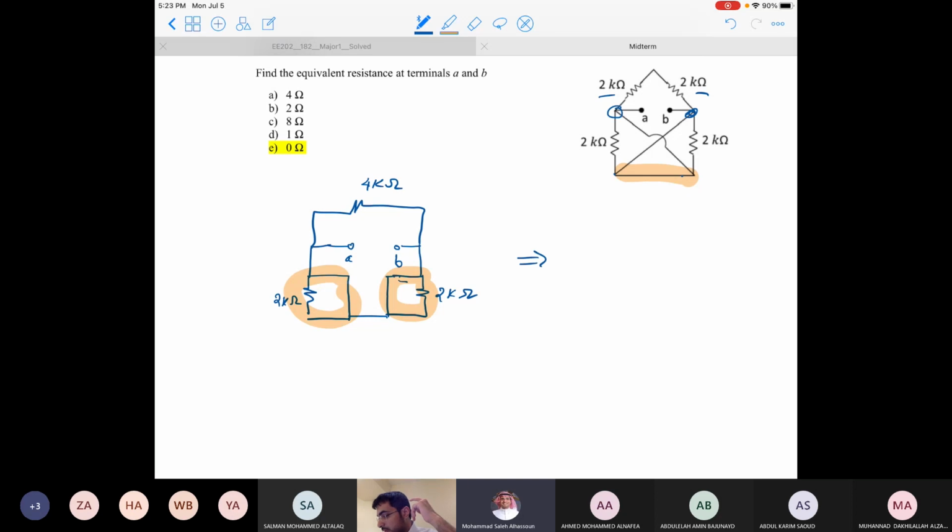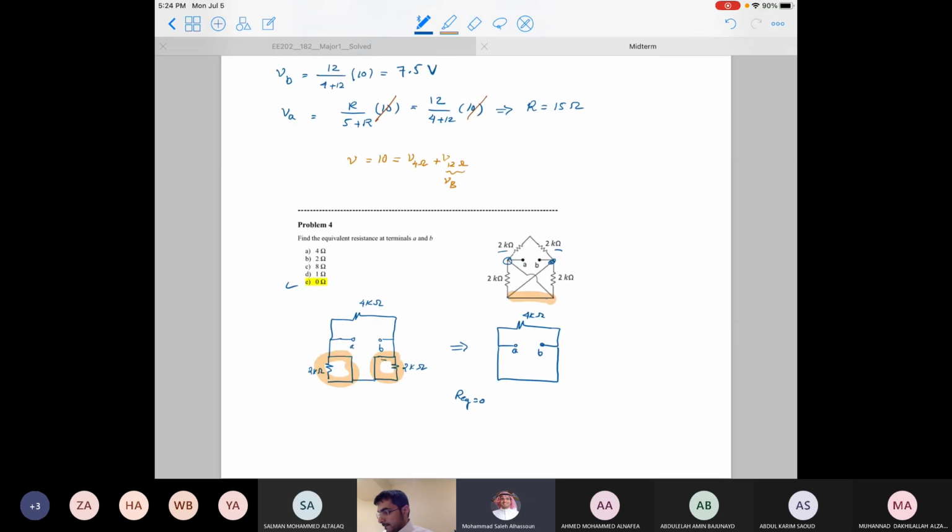If you simplify it, you will end up with something like this. This is A, this is B. Now you have 4 kilo ohm in parallel with a short circuit, so the equivalent resistance is 0. So the trick here is actually the way the circuit was drawn. Okay.